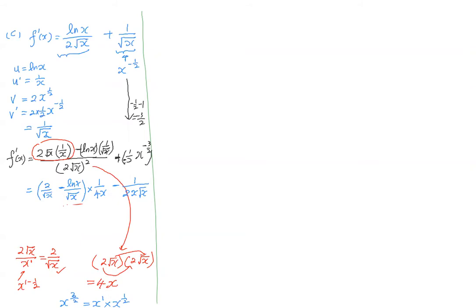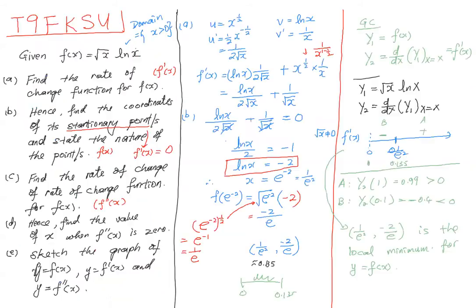So part C, the question is talking about, find the rate of change function. Hence, find the value of x when f double prime x is 0.